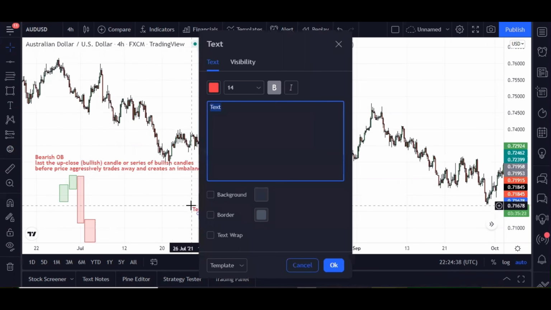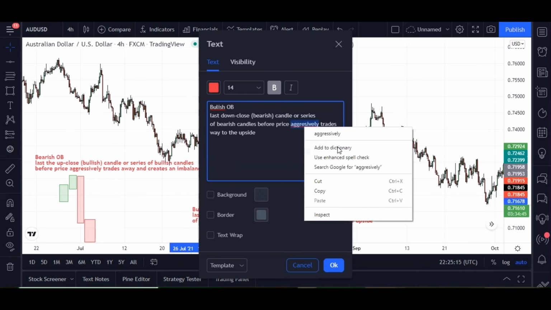So now, what's a bullish order block? A bullish order block is the last down close or bearish candle or series of bearish candles before price aggressively trades away to the upside. I want to be specific.